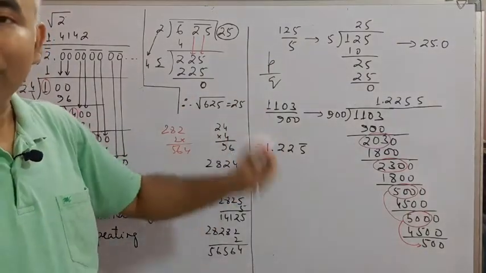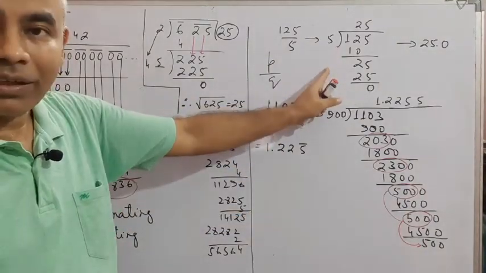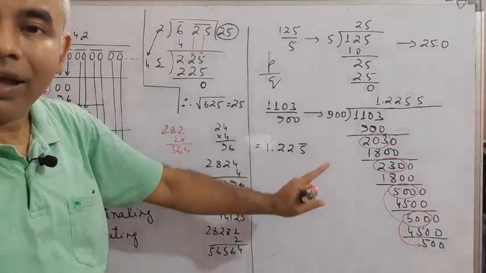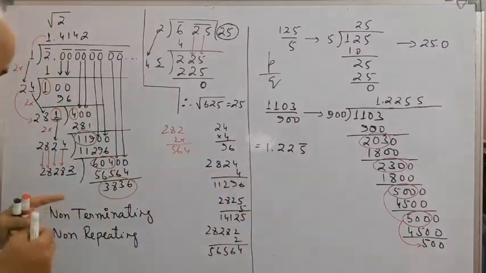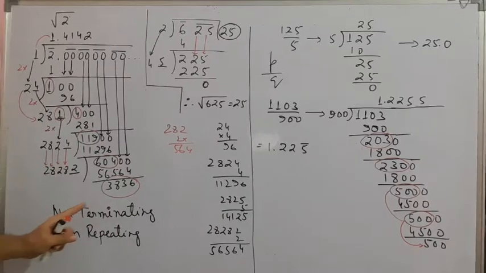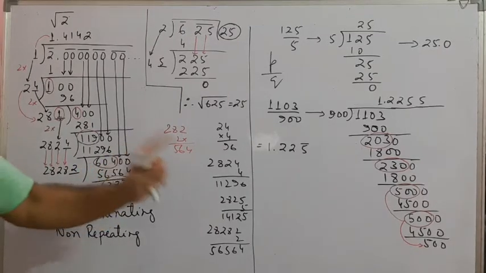So what we can say is that terminating and non-terminating but repeating decimals are rational numbers. Then what we can say is that non-terminating and non-repeating decimals are not rational numbers. If terminating, then rational number; if repeating, then rational number; if non-terminating and non-repeating, it is not a rational number.